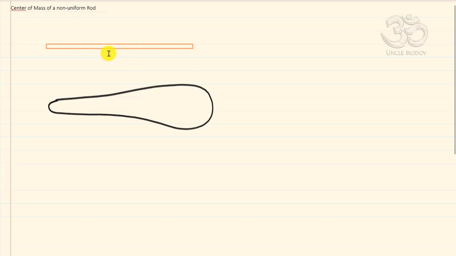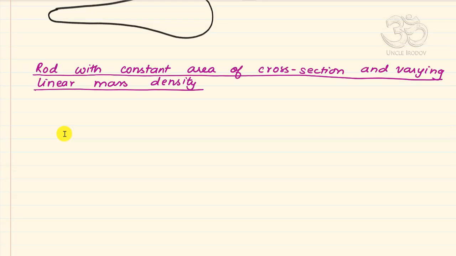Let us first take the first kind, where the area of cross section is a constant, but the linear mass density varies. So let me take that rod somewhere here. This is the rod that I have chosen, and maybe lambda is equal to a plus bx, let us say.